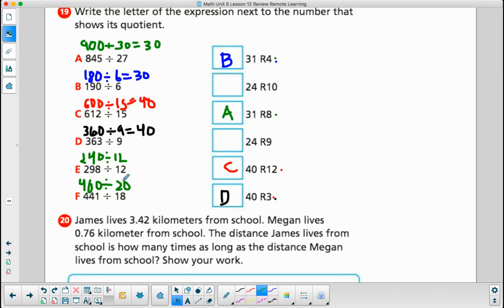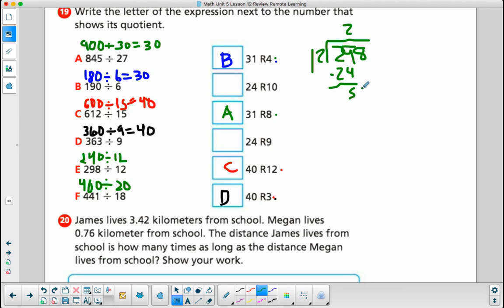Let's take a look at the first one. 298 divided by 12. After I do this a while, it really gets fatigued. Okay, I know it's going to be 2 because I know we're getting 24 here. 2 multiplied by 12 is 24. And I have 5 left.